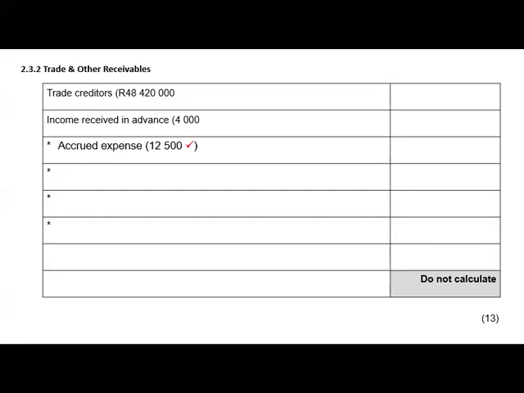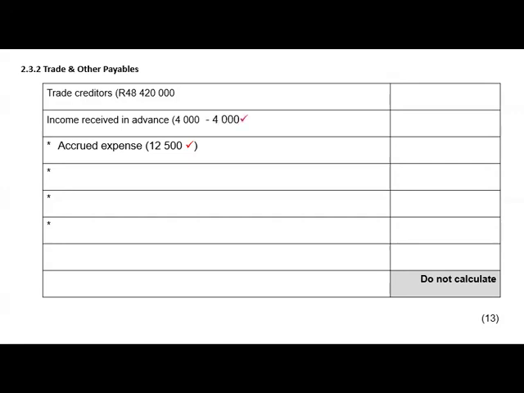No, it's not trade and other receivables, guys. You can tell that everything that is there is not trade and other receivables, but instead it's trade and other payables. I just forgot to change the heading there. It's trade and other payables.